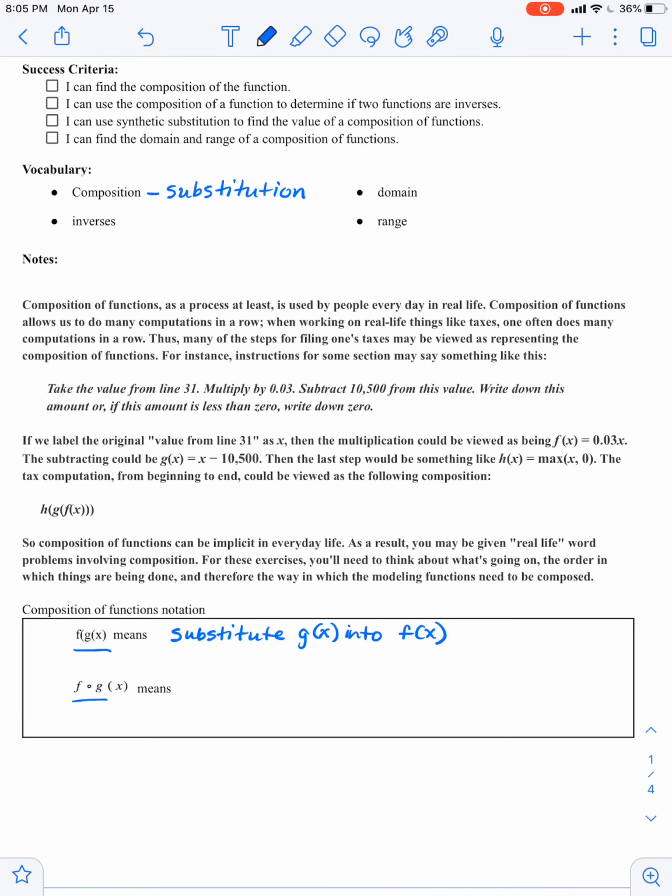So we're going to take whatever our g of x equation is, and we're actually going to put that into our f of x equation. That is the same thing as the open circle. Now don't confuse that with the multiplication symbol, which is a closed symbol, but this means the same thing. So we're going to take g of x and substitute it into the f. So they both mean exactly the same thing. Two ways of writing the same problem. And so you'll see me go back and forth from one to the other, okay?